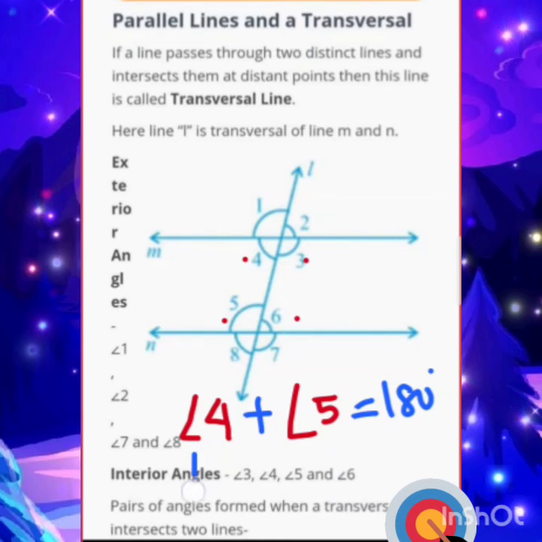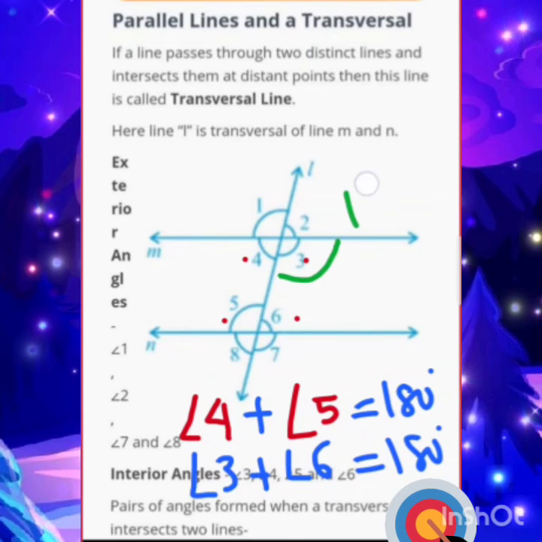Now same thing here: angle 3 plus angle 6, this is another pair of co-interior angles, and their sum should also be 180 degree. Now if I ask you, if the measurement of angle 3 is 130 degree, then what will be the measurement of angle 6? Of course it will be 180 minus 130.